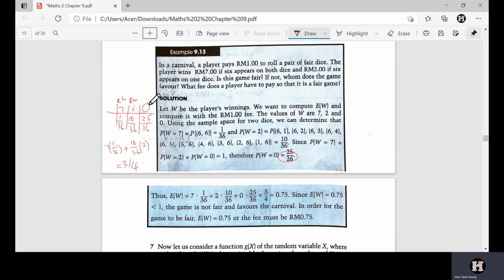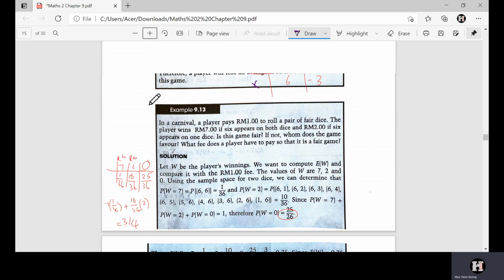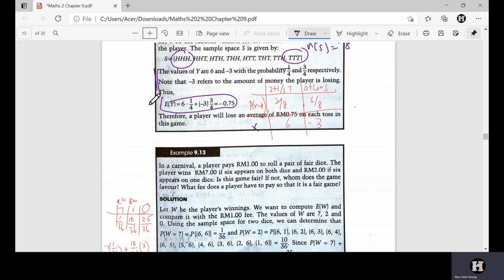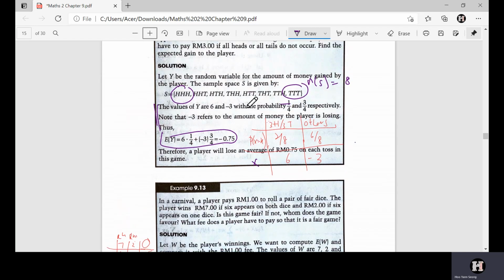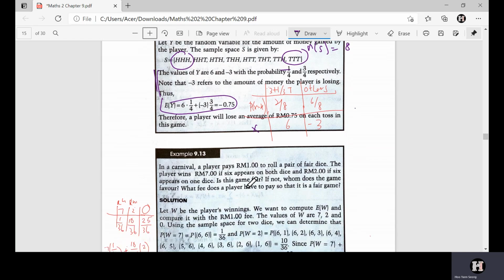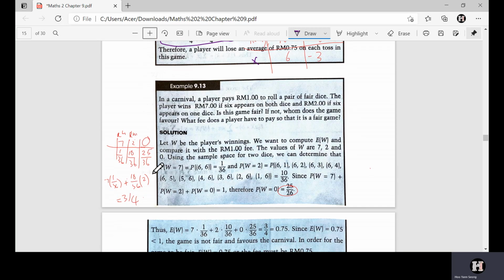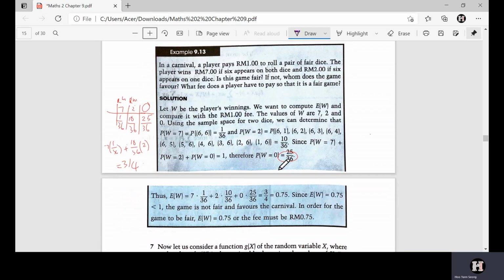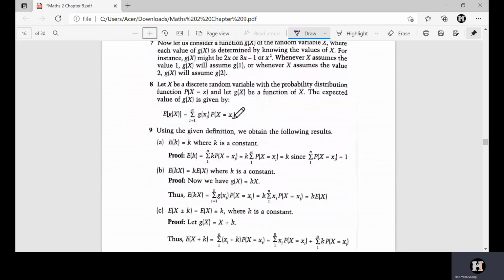Actually their mindset is that this one is on the player side, the expected gain for a player. Here they are asking whether this game is fair or not. That's why. And this one is a calculation error, so the way they did it is not going to affect anything. So this one is 16.